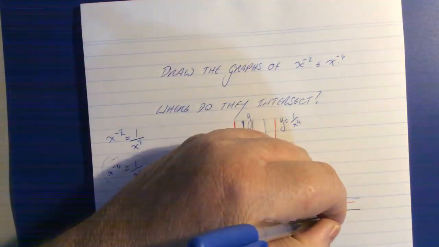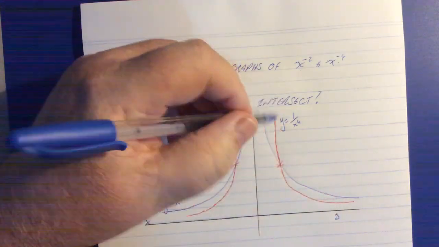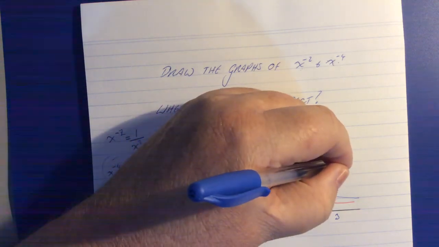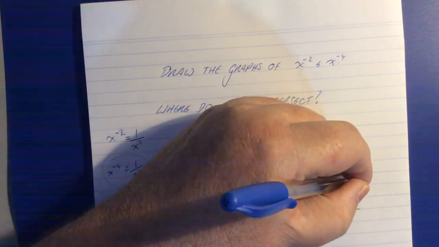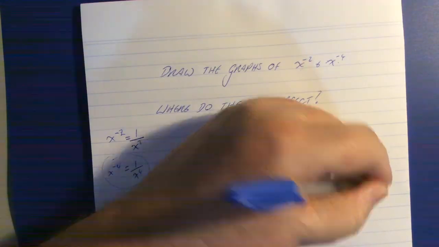So let's just take a number. Let's take the number 3. And if we put that into 1 over x to the 4, what we get is 1 over 3 to the power of 4, which equals 1 over 81.